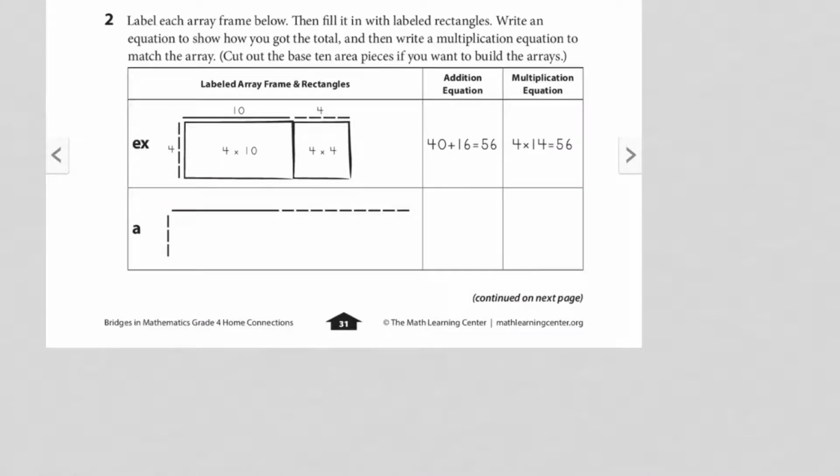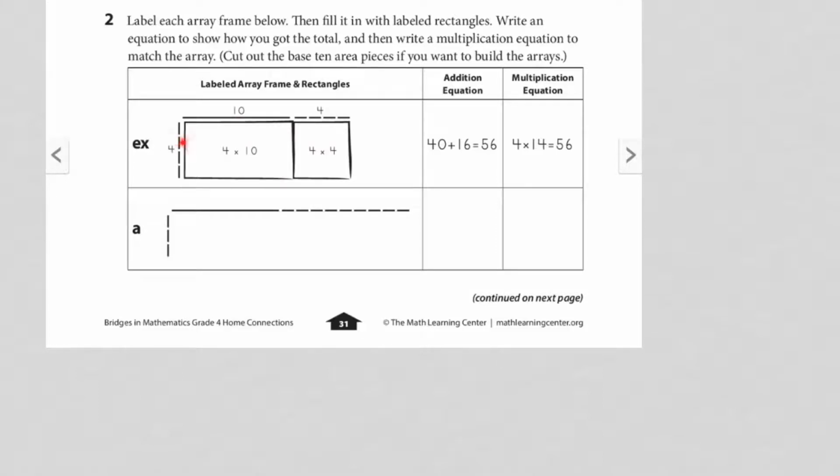One thing that I'm noticing is that as we talk about how to fill in these arrays, some students are getting very good at understanding the multiplication behind it, and some of them need a little extra help. So one thing I've told some students to do is put your finger on the two sides. And when you pull them together, that's going to tell you what you need to do.